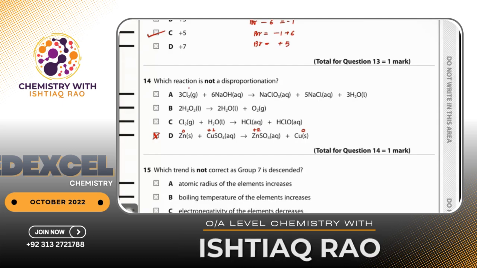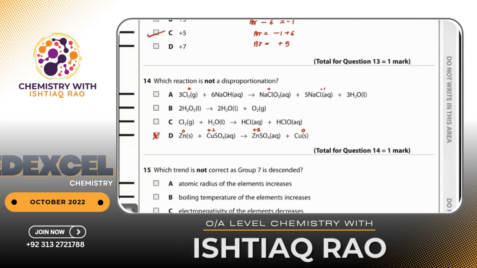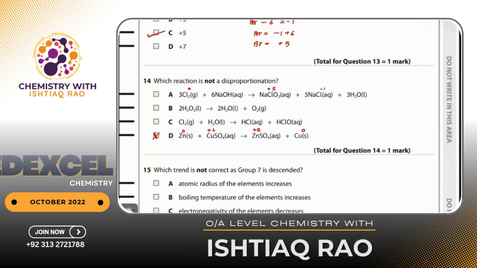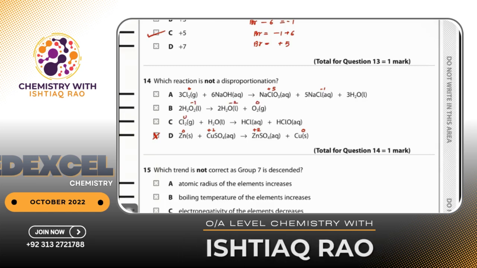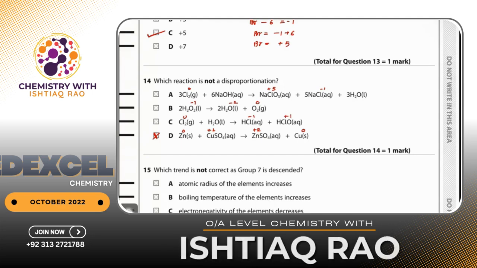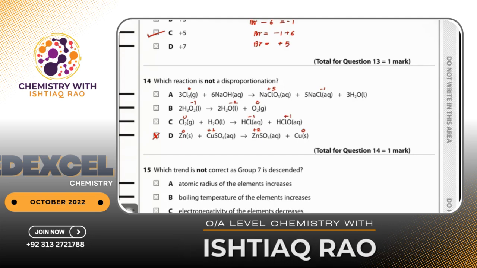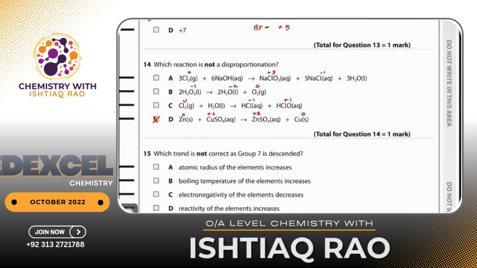Like let's say if this is 0, this is minus 1, this is going to be plus 5. This is minus 1, this is minus 2, this is 0. This is 0, this is minus 1, this is plus 1. So in all reactions, the same substance is being oxidized and reduced, but D is the only one in which nothing is happening.